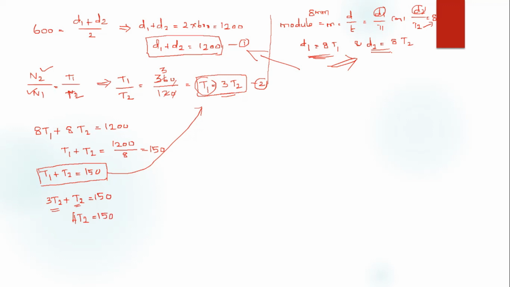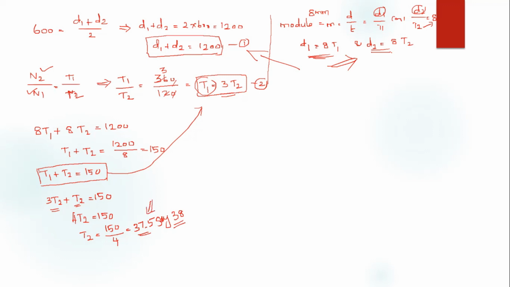Now t2 equals 150 divided by 4, which equals 37.5. So approximately 38 teeth, since half a tooth is not allowed.